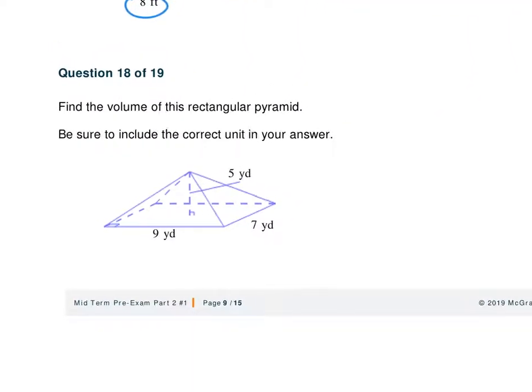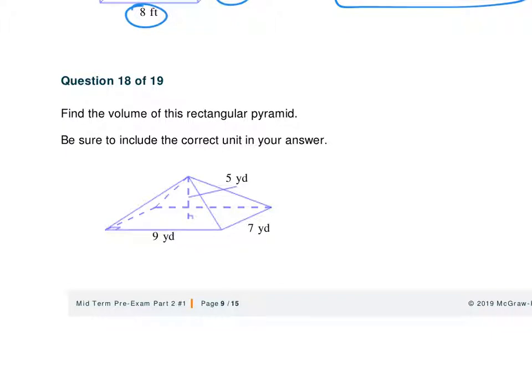Question 18 is asking us to find the volume of the rectangular pyramid. That formula is volume equals 1/3 the area of the entire base, so the area of this rectangle at the bottom, times the height.